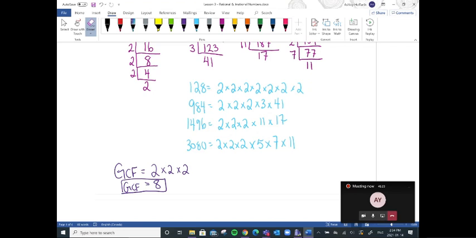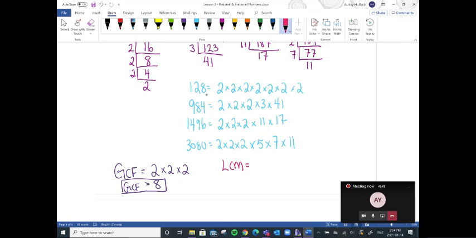Okay, now the LCM, this I think is the more challenging one I was saying. But once you get the process down, it's not too bad. So with the LCM, always start with the full prime factorization statement of any of the numbers. I usually just, by default, to keep my process always the same, start with the first one I've listed.